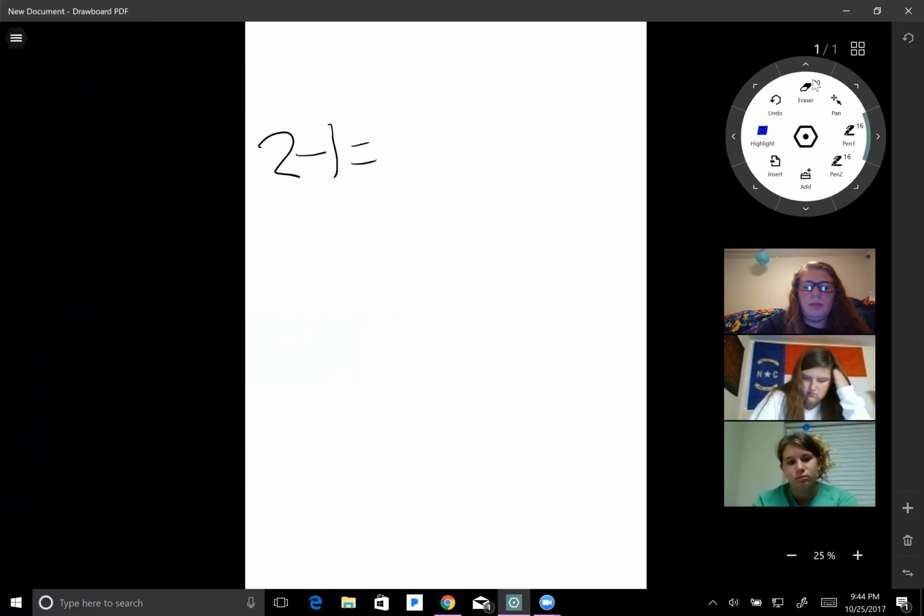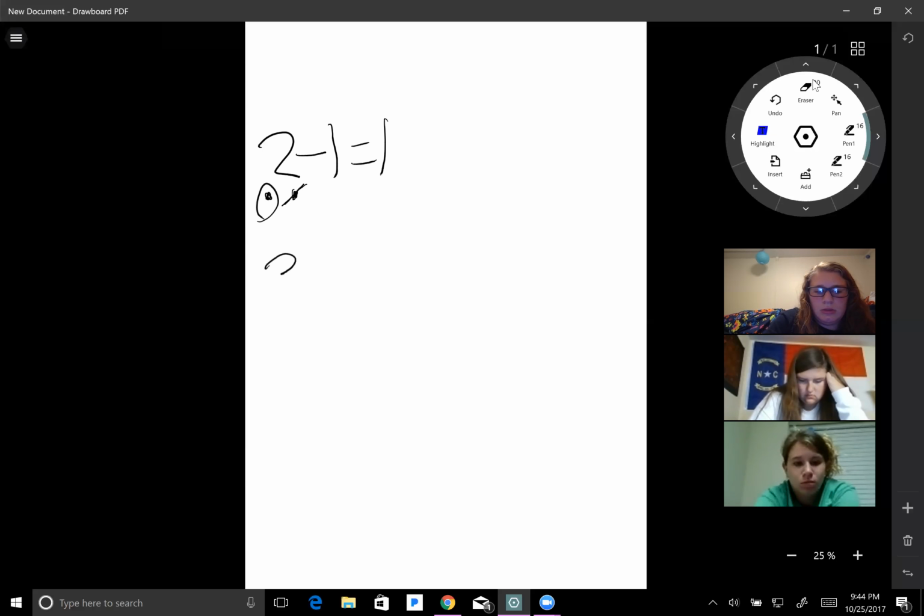On this one, we will just draw the dots under the first number. So there's 2 dots, and then whatever the second number is, we mark that many dots out. So it's 1, so we're just going to mark out 1 dot. So our answer is 1.